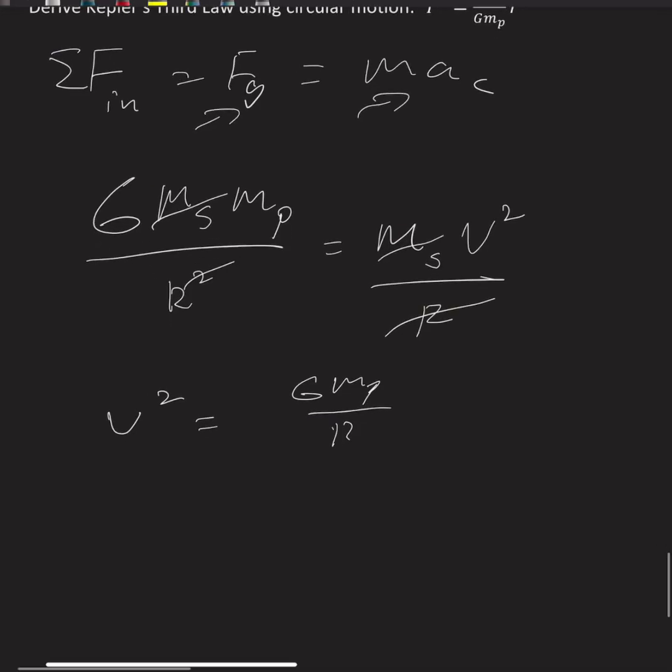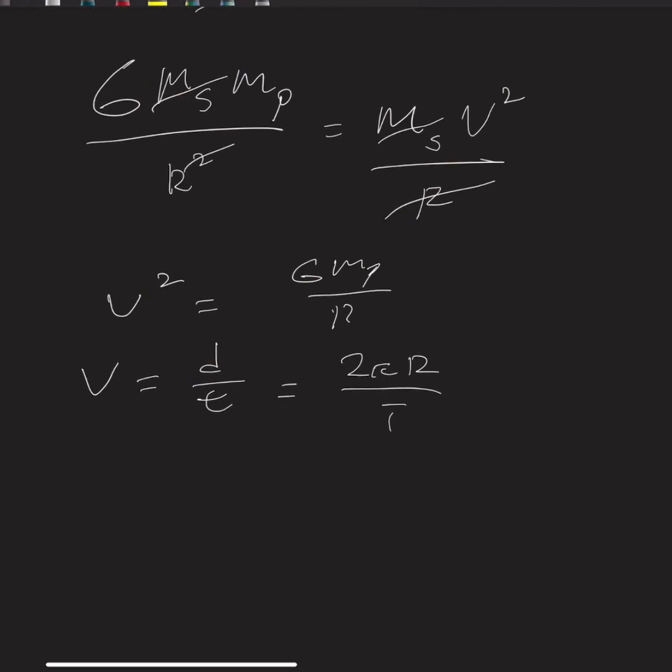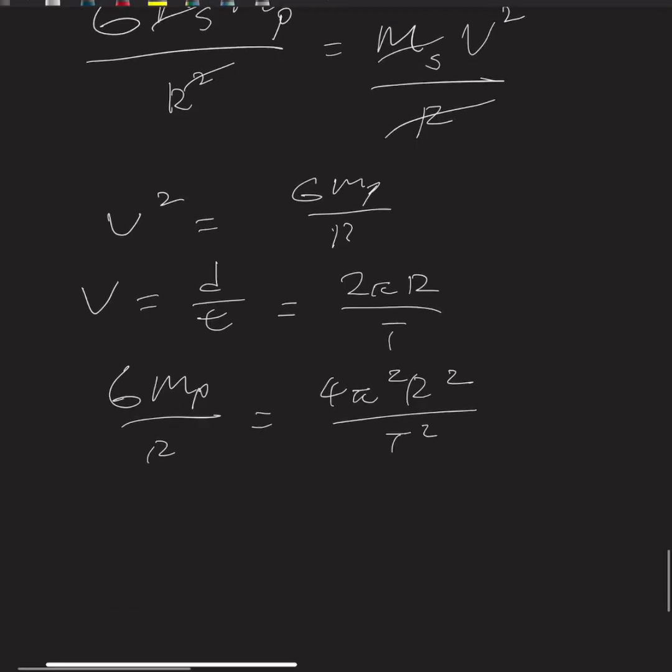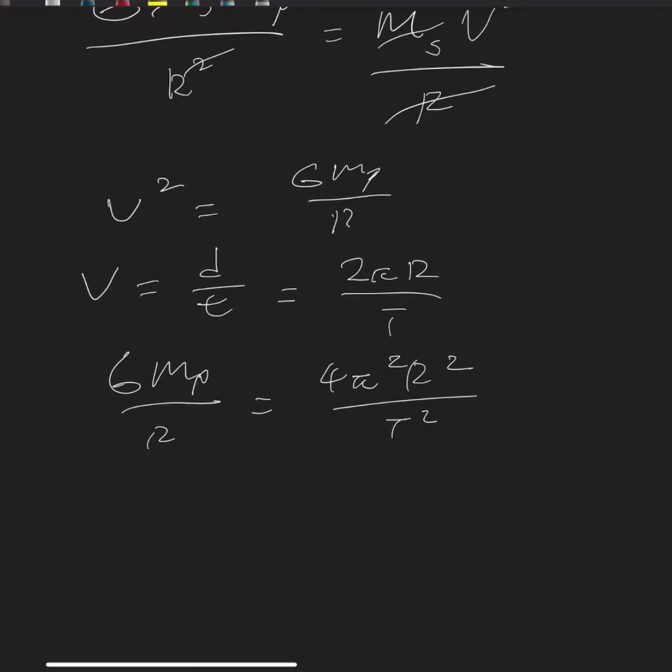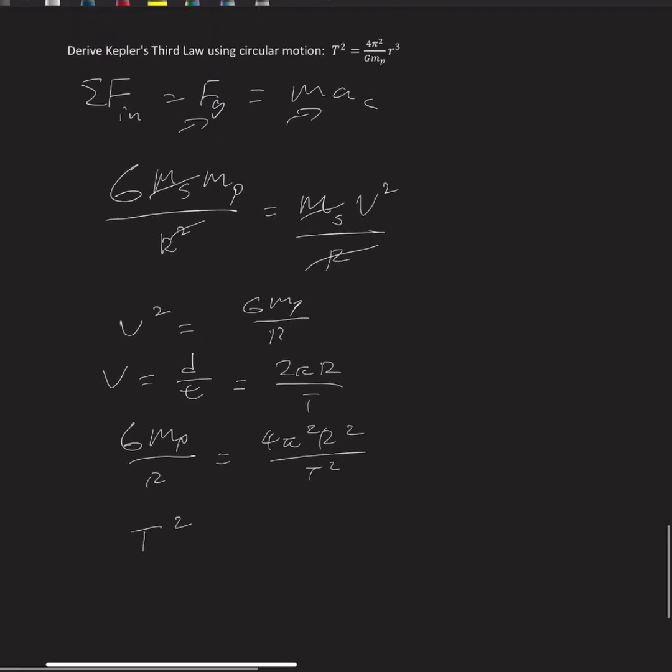Now, we noted above that speed is equal to distance over time, which in one revolution is 2 pi R over T. So we can say that G M_P over R is equal to 4 pi squared R squared over T squared. Now we can isolate T squared.